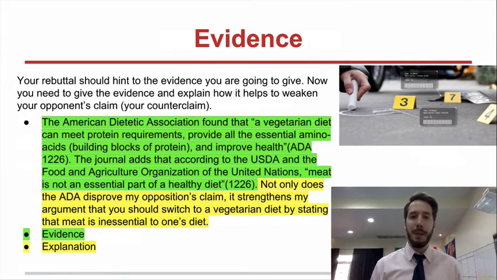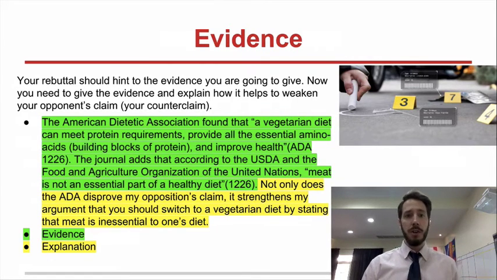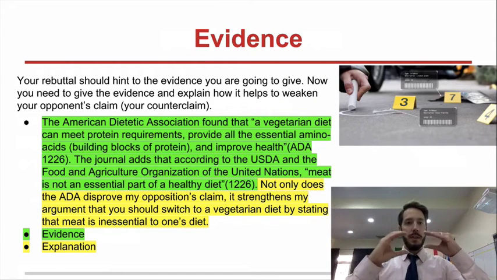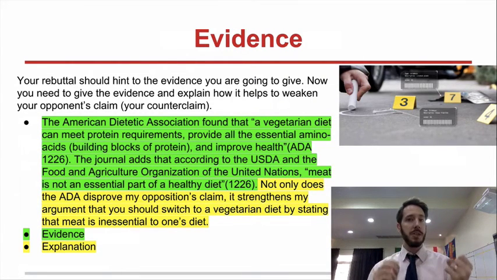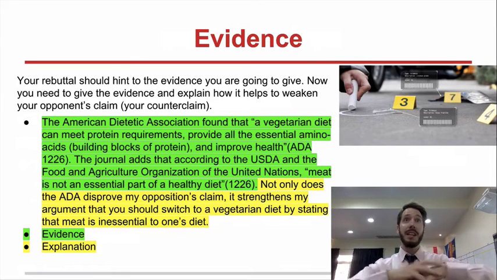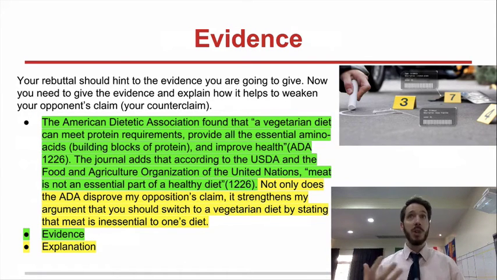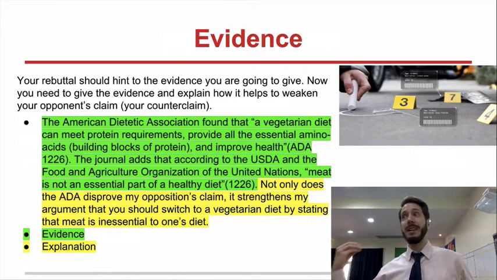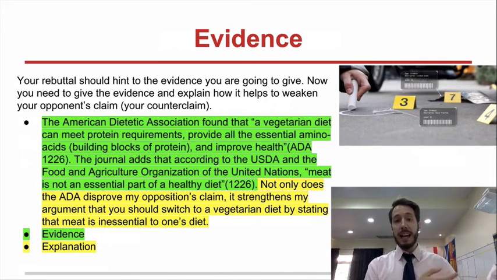Now, you can tell this is an APA format because they know the page number. The journal adds that according to the USDA and the Food and Agriculture Organization of the United Nations, quote, meat is not an essential part of a healthy diet. So there's the information. It's also knowing the USDA and knowing the Food and Agriculture Organization of the United Nations. Reputable sources, very strong sources. That evidence you really can't argue with. You say, all right, that's credible and it's enough to defeat that counterclaim.